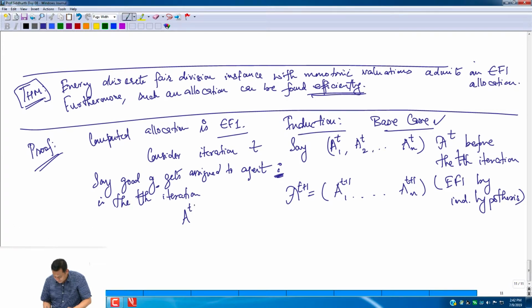So how does this bundle compare to this bundle? What's the connection? This is equal to this plus, what do I write next? I is the agent that receives this, G is the good that gets assigned.